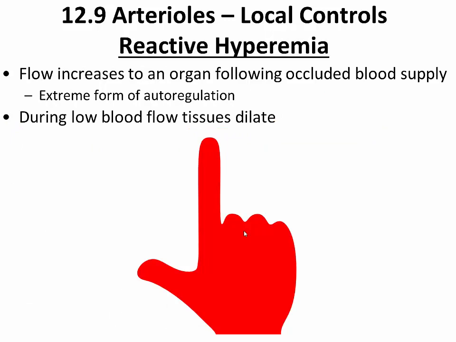The last type of local control we want to talk about is referred to as reactive hyperemia. Reactive hyperemia is essentially an extreme form of autoregulation. The basic idea is that if blood flow is occluded or blocked to a particular tissue for an extended period of time, and by extended period we mean a matter of minutes, then when blood flow is restored, there will be an extreme deficit of oxygen and an extreme abundance of these various metabolites.